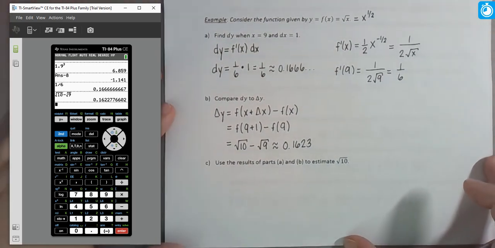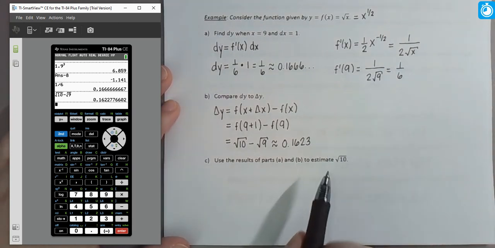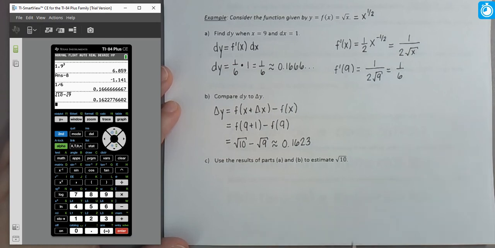So how do we use this kind of notation to actually use it in a practical situation? Well, this kind of estimation can be used to estimate an irrational number, something like the square root of 10.